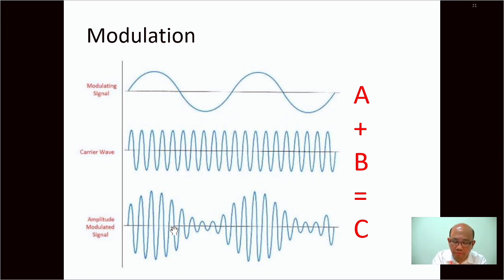This is the waveform from the antenna. It looks like this. This modulation technique we call amplitude modulation, or AM.